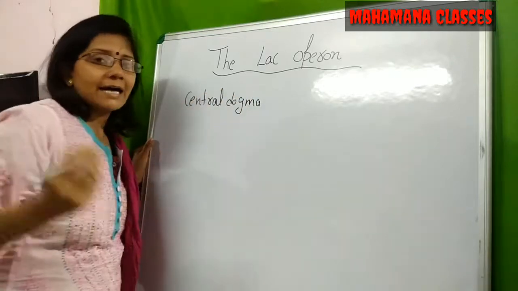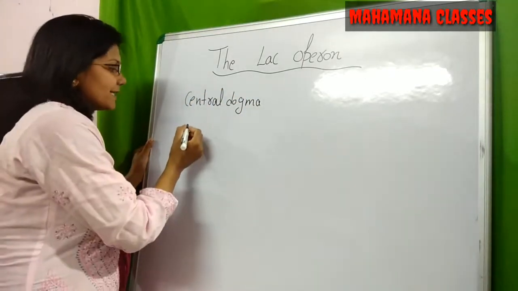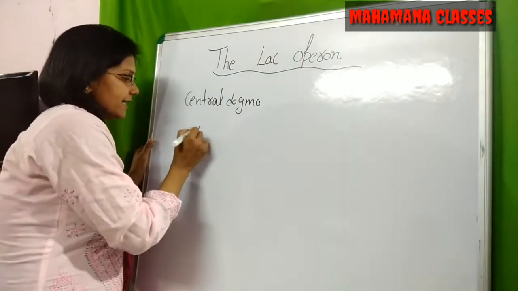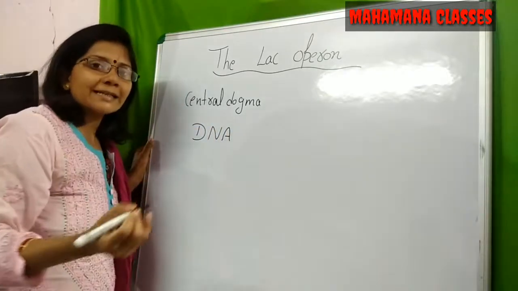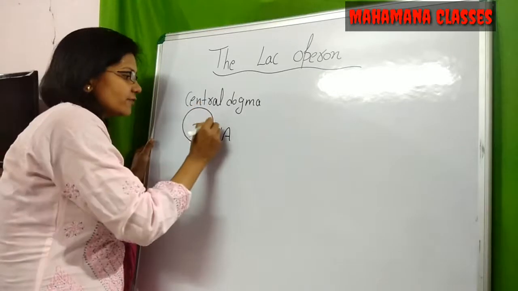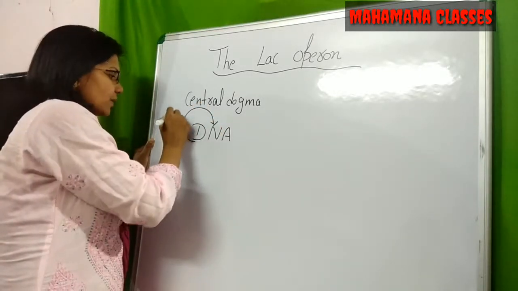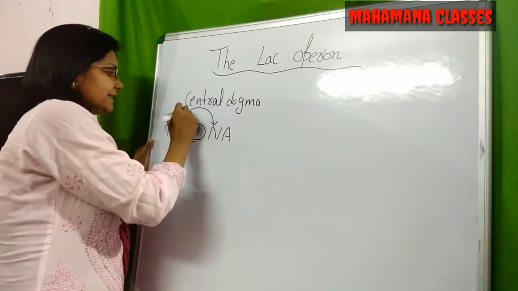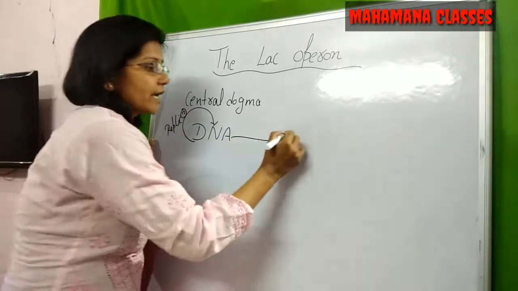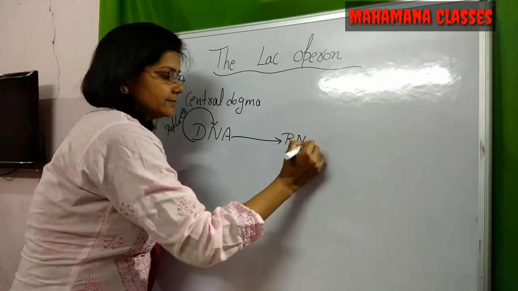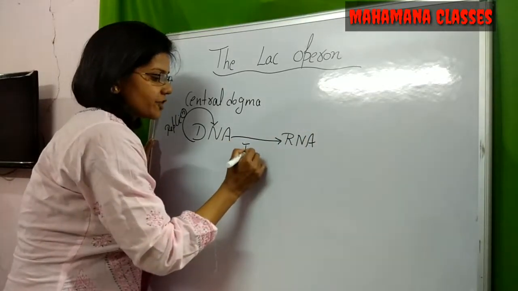It is a special process in which DNA forms DNA itself by the process of replication. Then DNA will form RNA by the process of transcription.